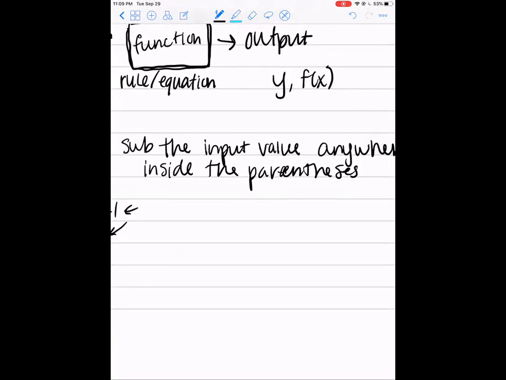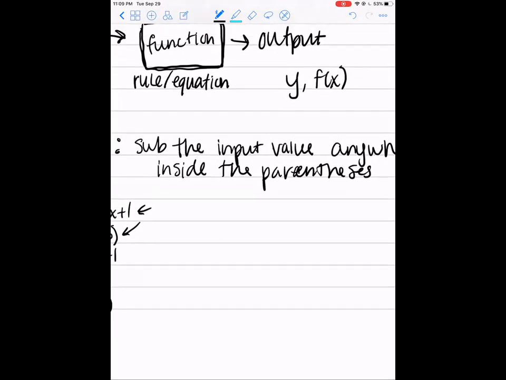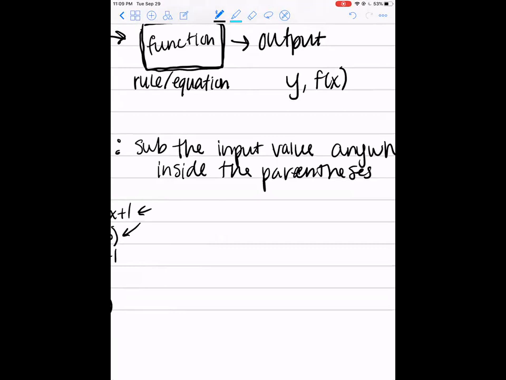Okay, so let's do another example. Say I'm given the function g of n equals 4n minus 2. I want to evaluate it for g of negative 2. So everywhere there's an n in this function, I'm going to substitute negative 2.